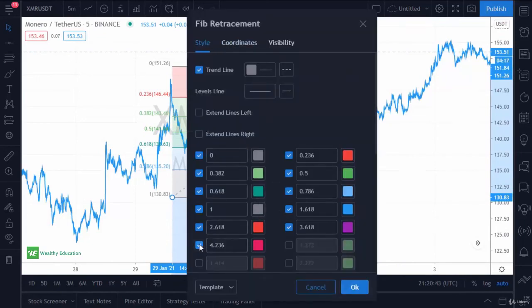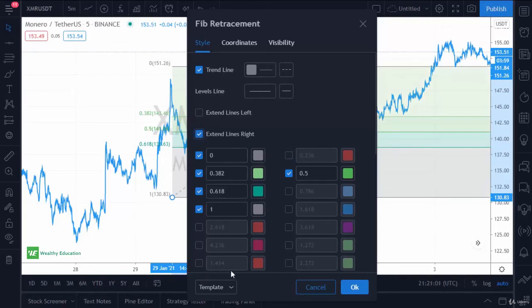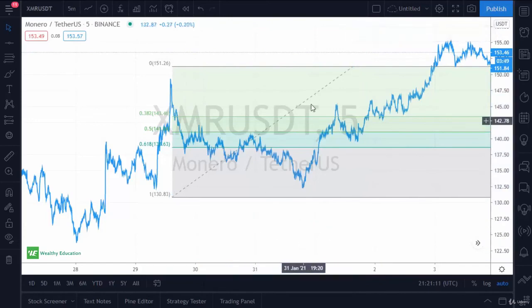And for simplicity, I am going to remove what I consider to be the lesser levels, and I'm going to extend lines to the right. You can always go apply defaults to get back to the way it was. You can save this as whatever you want to save it. So click OK, and you can see it's changed completely.